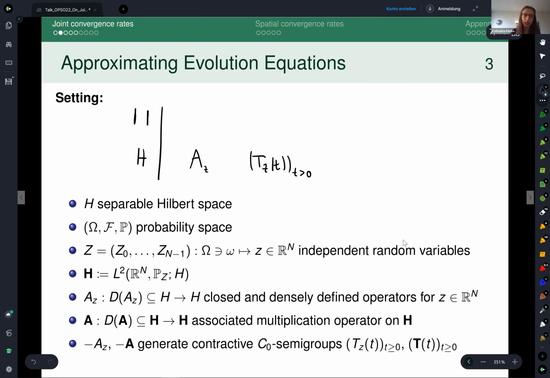To take the random setting into account, we now pass on to the space which I denote by bold H, which maps z to a value in H. So we have L2 of R^n weighted with a density with values in H. And we can actually look at the corresponding multiplication operators if we assume measurability for these A_z. And we can also look at the corresponding multiplication semigroup, which we denote by bold T of t.